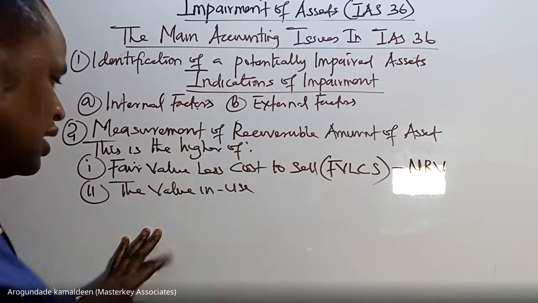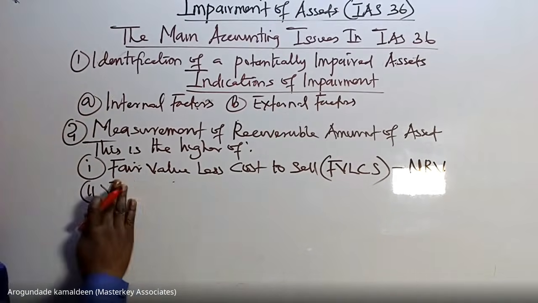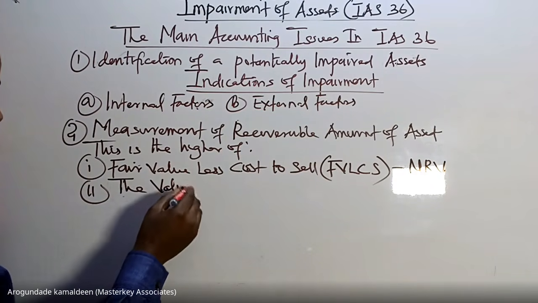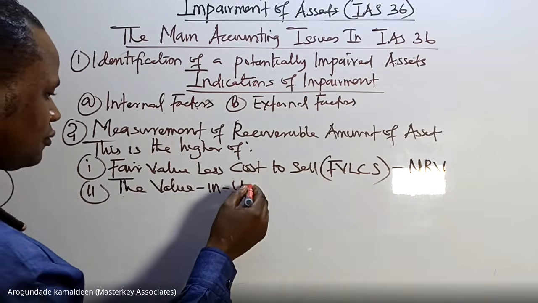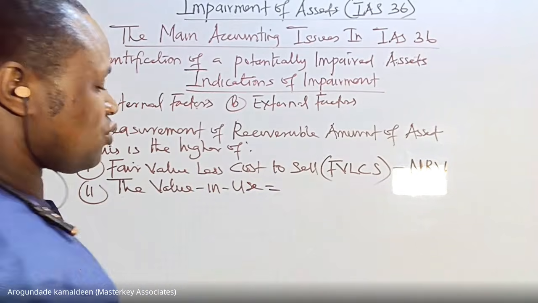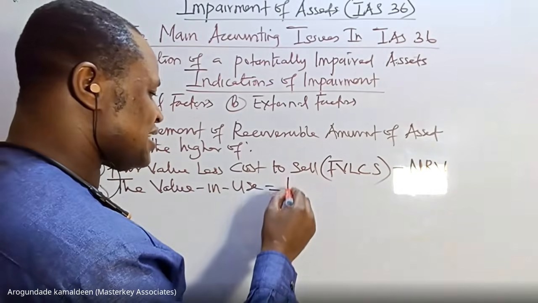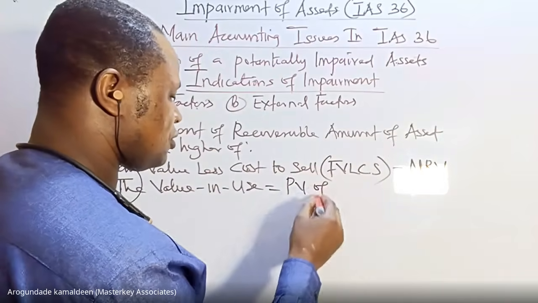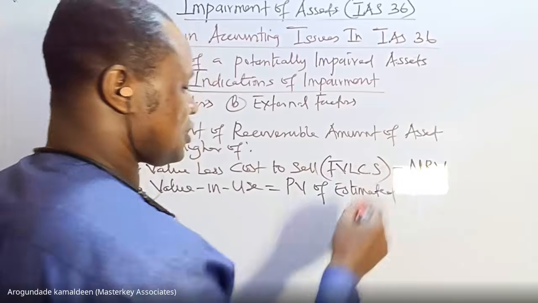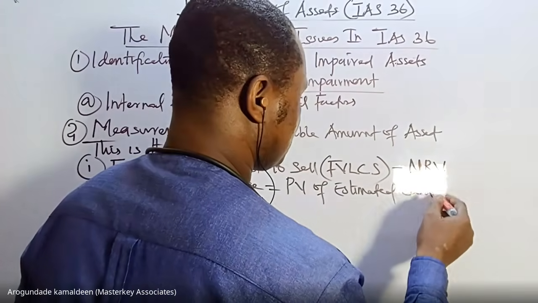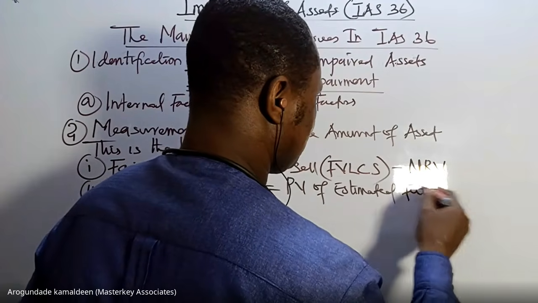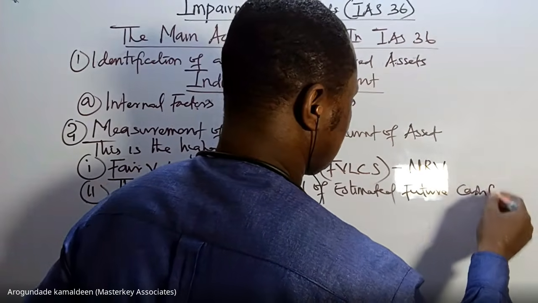Now, the value in use is the present value of the estimated future cash inflows.